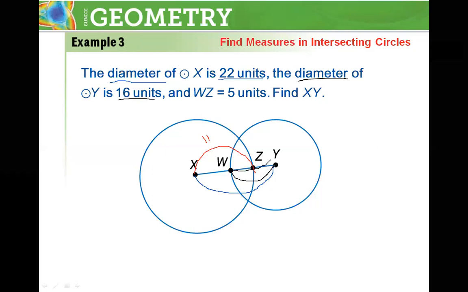And he gave you, sir, that WZ is equal to 5 units. So this part, which is common between the two circles, is 5. I can draw it or write it with another pen. So this is 5.